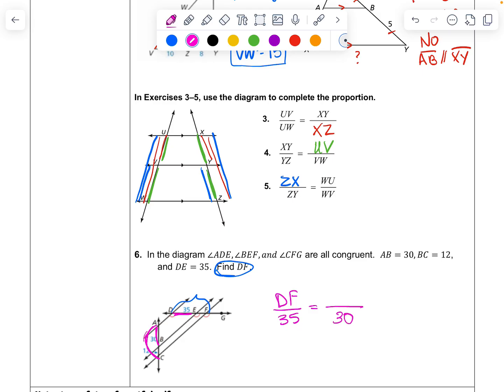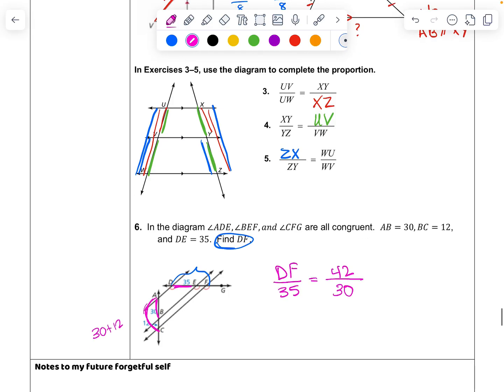Okay, and the total is going to be 30 plus 12, so that's 42. And now we cross multiply. So 35 times 42 is 1470. And then divide both sides by 30. And we get 49.